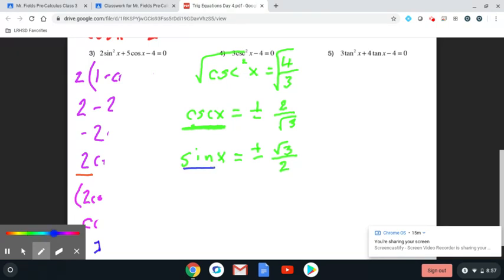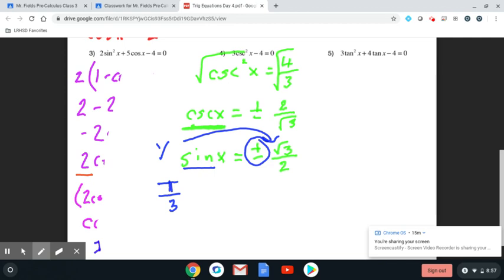Sine we know goes with y, and since we're saying that y is equal to root 3 over 2, that means we really know we're working with the special angle of pi over 3 again. And since we see that we have a plus minus, again, and here's my mistake, that plus minus is really saying that sine has to be positive or negative, which is why we end up in all 4 quadrants.